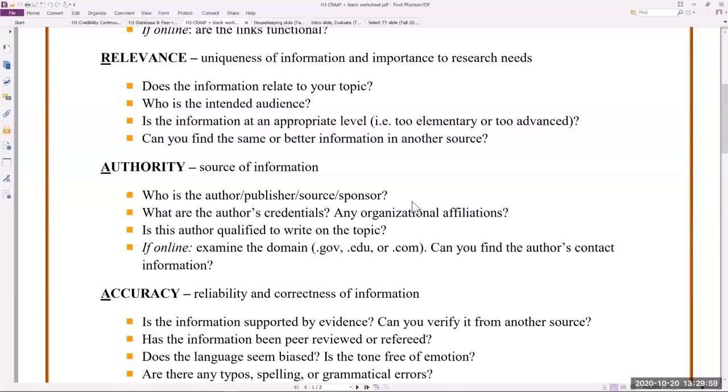But then let's say you have an academic article that talks about the life of Louis Armstrong and gives a lot of information. That might be more relevant. Or maybe you have a book review of a book on famous jazz musicians. Well, the book review might not be as relevant because it's about another resource.